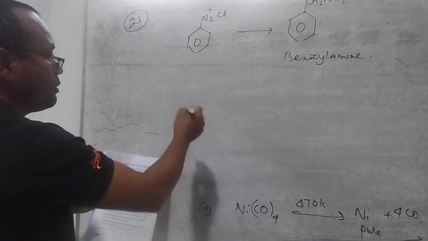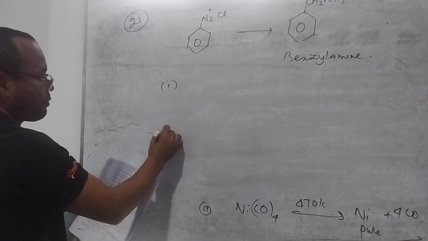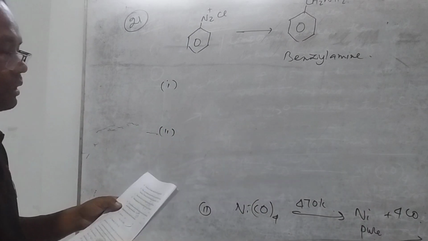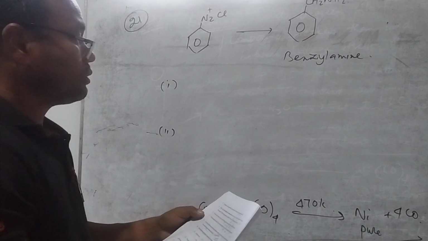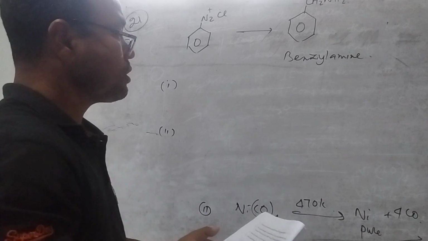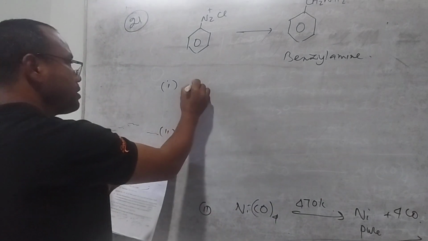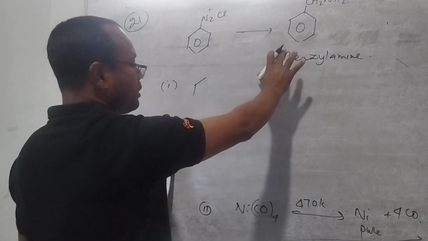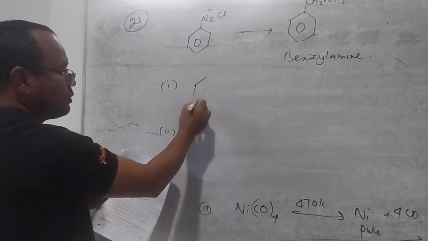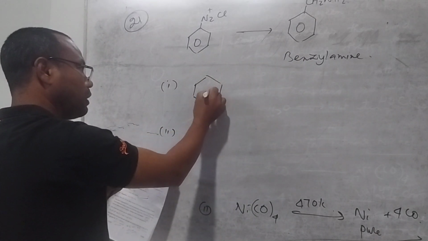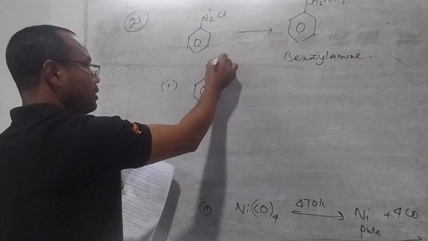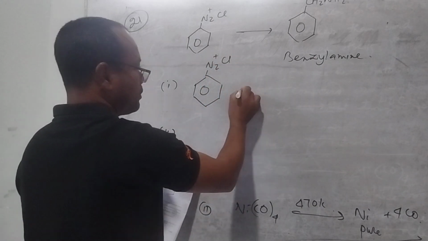So we have two options. The question carries 2 marks, so we can write the 2 steps here. There is a direct reaction, and we also have an indirect reaction, a 2-step reaction.